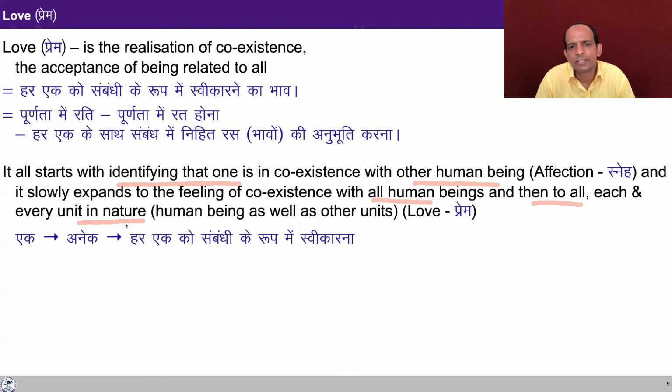So we are able to feel related to not even human beings, but even animals, birds, plants, and every physical unit in the nature. That is the level to which our competence can go with the feeling of relationship.